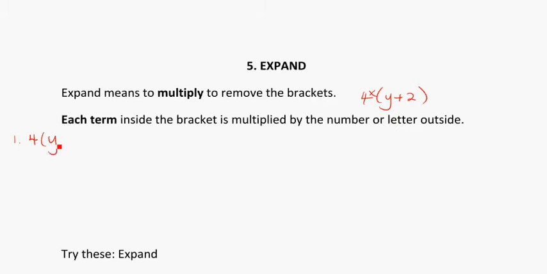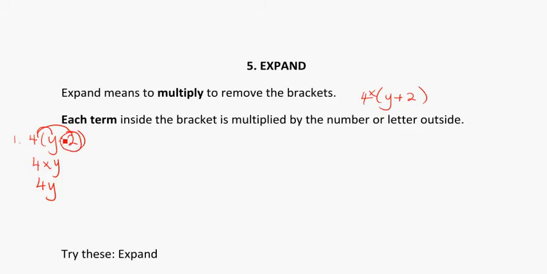4 bracket y plus 2. What does that mean? Now it means we've got to multiply y plus 2 by 4. So you do it on each one in turn. Take the first term and multiply it by 4. So the first term is 4 times y, which is just 4y. Now take the 4 and multiply it by the plus 2.